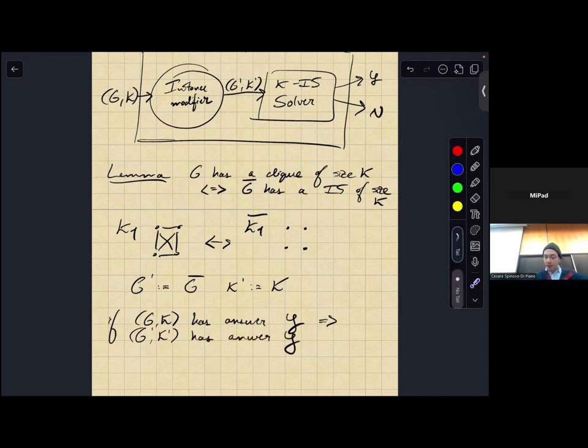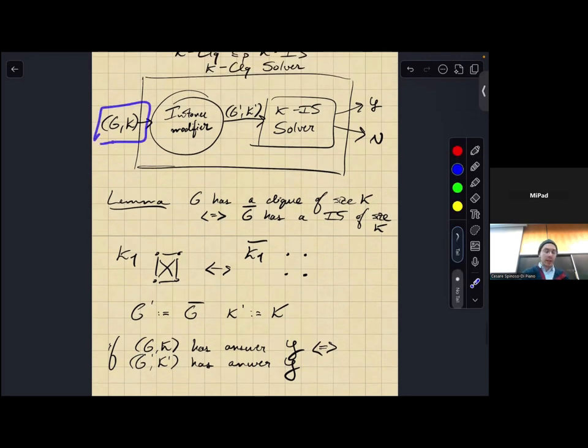And on the other hand, we can do the contrapositive. If the answer to this is yes, then by the same logic, because this is an if and only if, the answer to the original problem will also be yes.